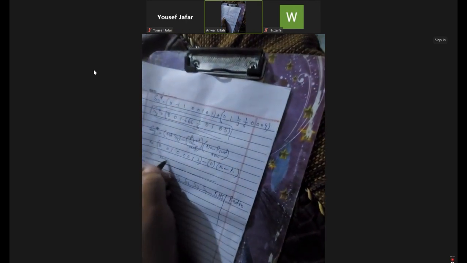Now the pivot element over here is 1.33 because it lies on the intersection of the pivot column and pivot row, which is x2 and s2. So 1.33 is the pivot element.